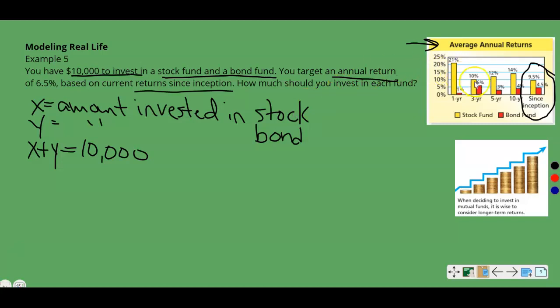We can take 9.5% and write that as a decimal. Remember, to write it as a decimal you move it 2 decimal places, so it's 0.095, and X represents stock. Then plus the 4.5%, which we also write as a decimal, represents our bond fund: 0.045, and that represents the bond.